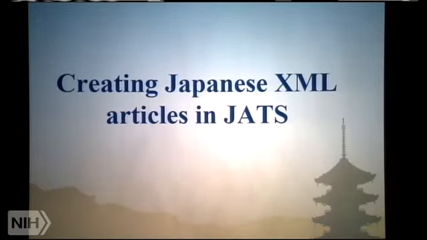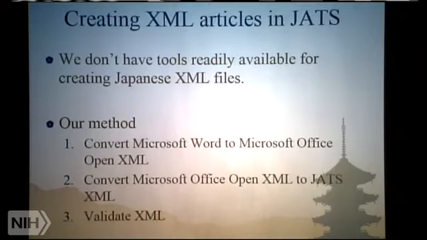So, how can we create Japanese XML articles in JATS? It is a challenge to create XML data from author manuscripts, typically written in Microsoft Word, and even more so in Japanese.